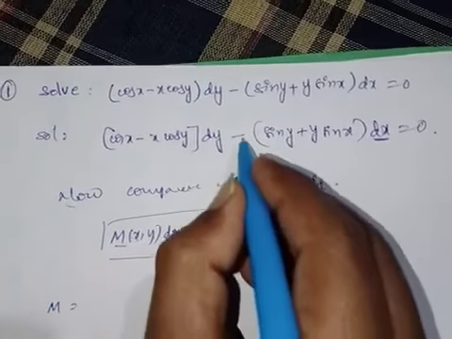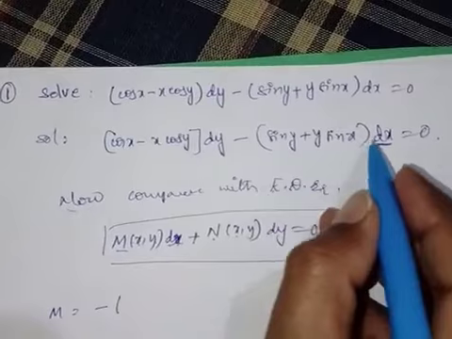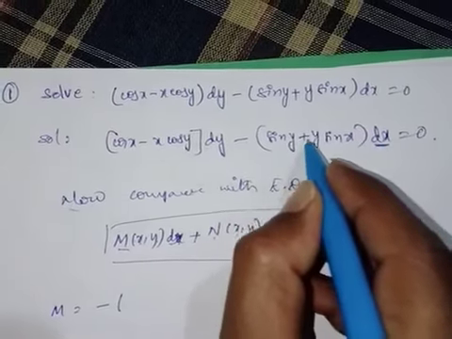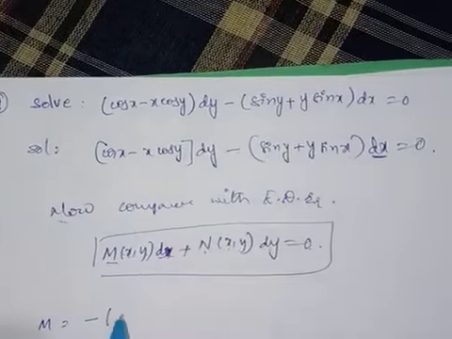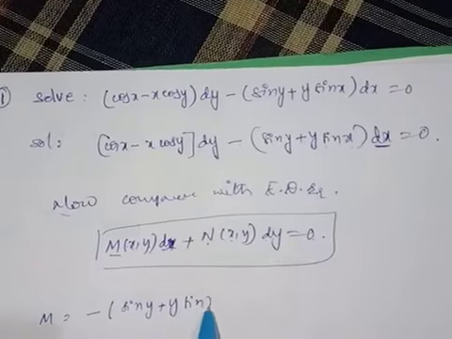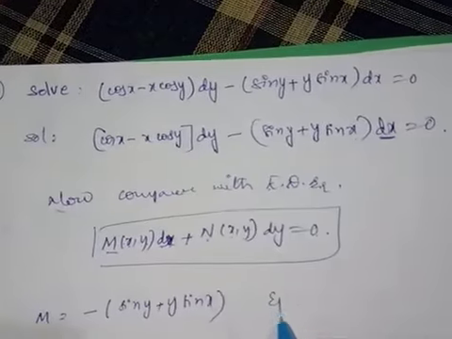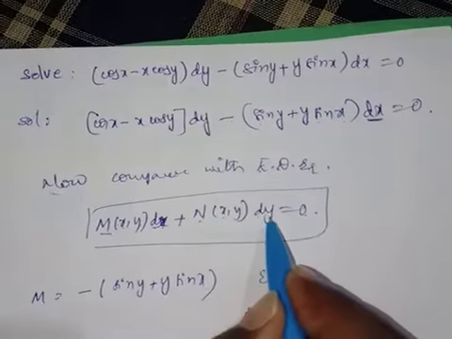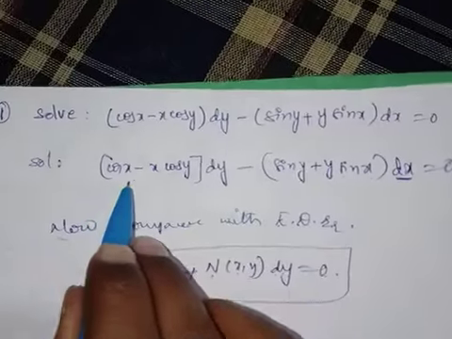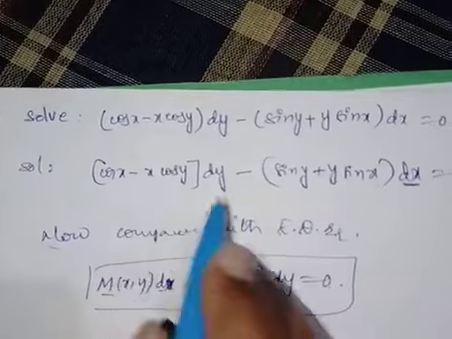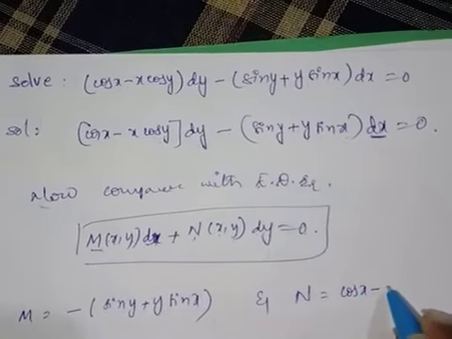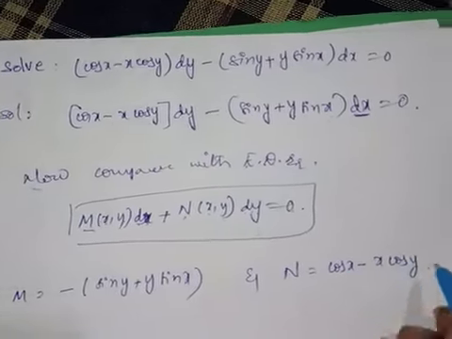M is equal to the negative of (sin y + y sin x), and the y derivative coefficient is N. Here the y derivative coefficient is cos x − x cos y. So N is equal to cos x − x cos y.